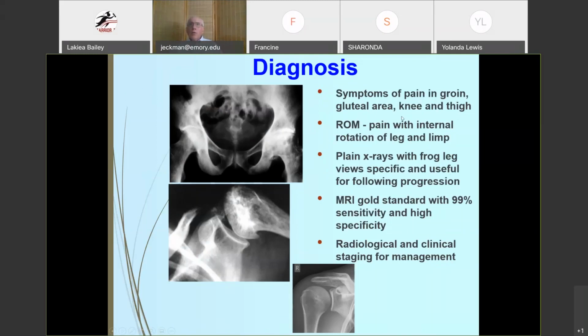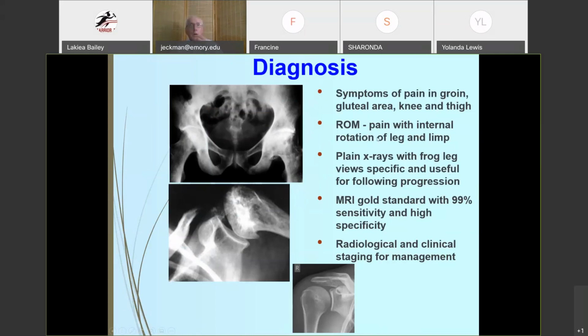And this is called referred pain, and that really occurs because the damage here irritates nerves that also feed the muscles that go to the buttocks, and also nerves that serve the rest of the femur and the knee joint. And so they become irritated by the damage that's occurring in the hip, but the pain is actually referred down the leg.